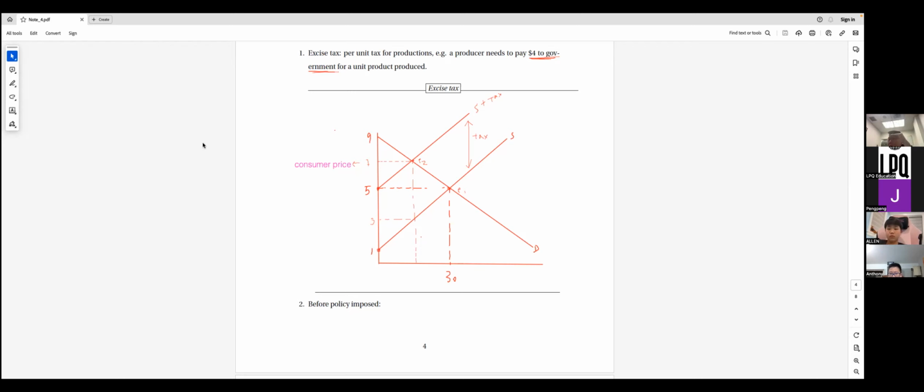No, you cannot keep all $7. Super easy. Why? Because the government will take away $4. So how much money can you keep? 7 minus 4 equals 3, so you can only keep $3. So this is called the producer price, equal to 3.